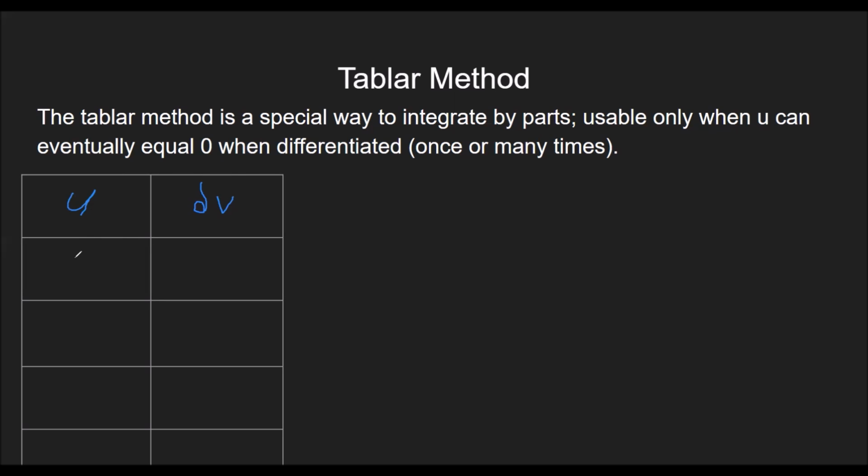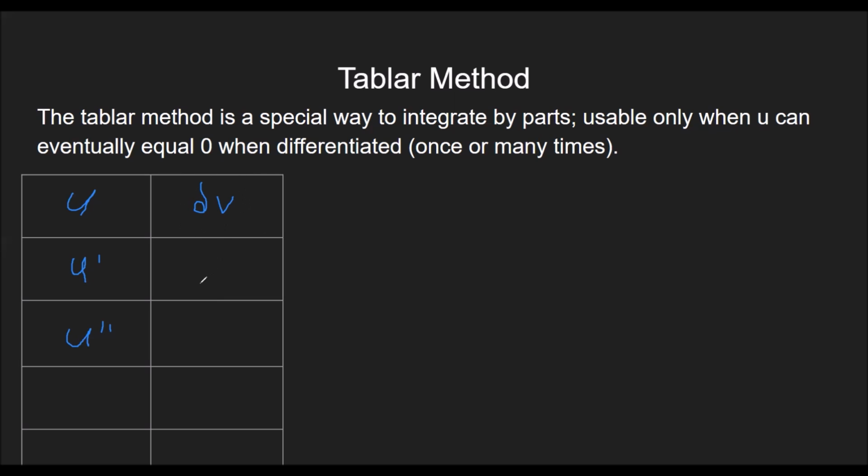So we're going to write u prime, and then we're going to write u double prime. Now keep in mind that u double prime is equal to 0. So we're going to stop here. And we always stop on the same row for both u and dv. Now what's different with the rightmost column as opposed to the leftmost column is you have to integrate this side.